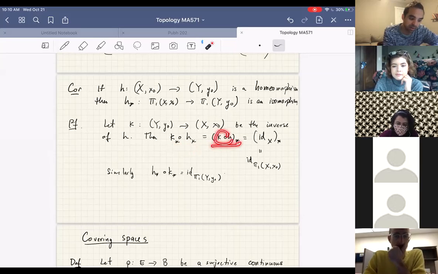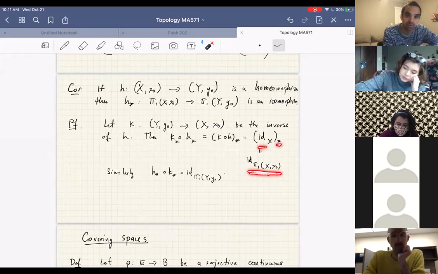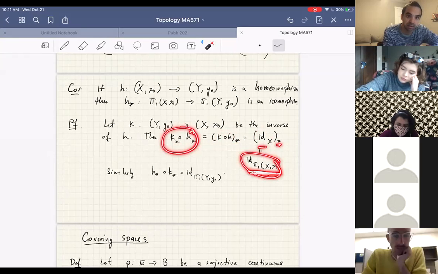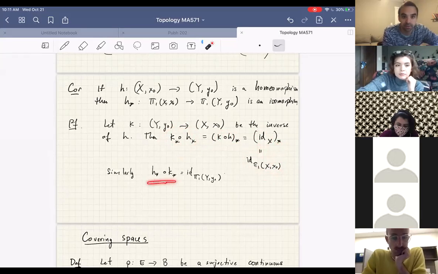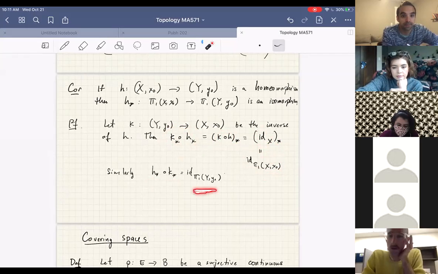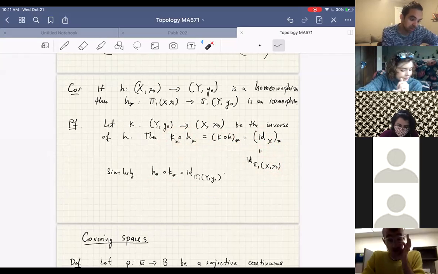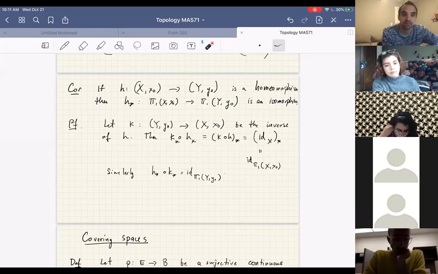But I know that this is the identity. And I know that the induced map of the identity is the identity map between groups. So I just check that the composition of the induced maps is the identity. And similarly for the other composition, it's the other identity. So this shows that H is an isomorphism of groups.